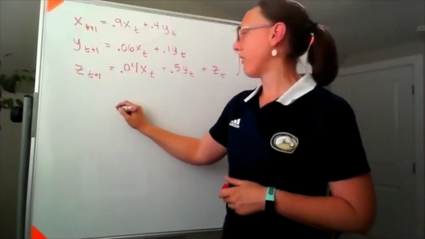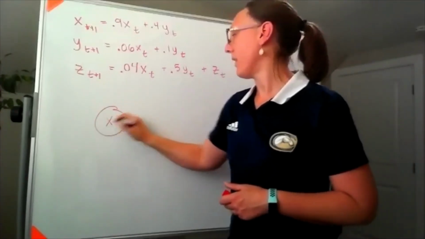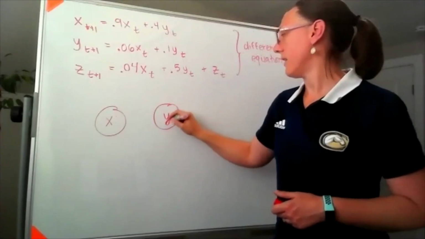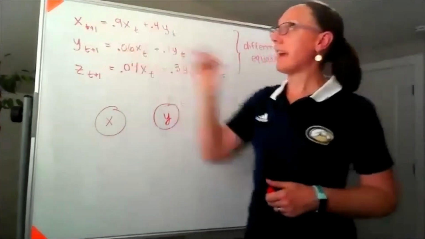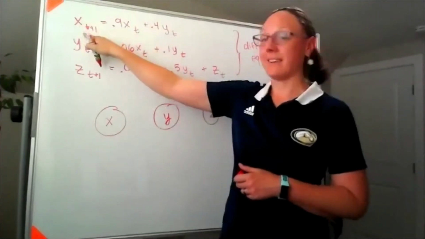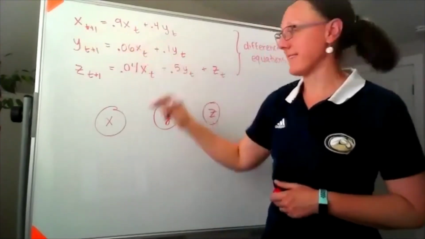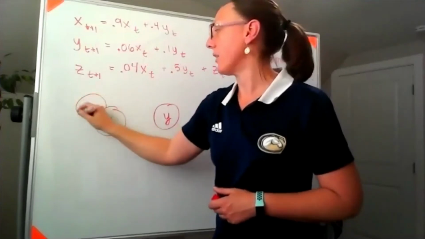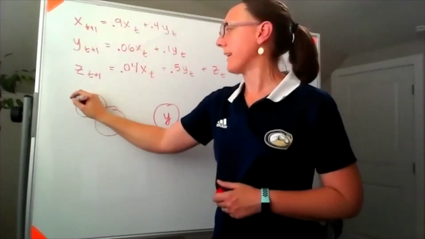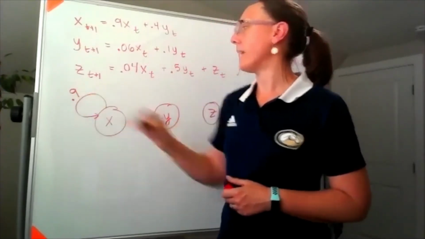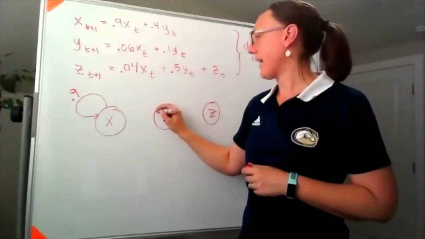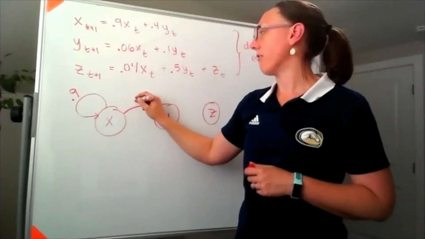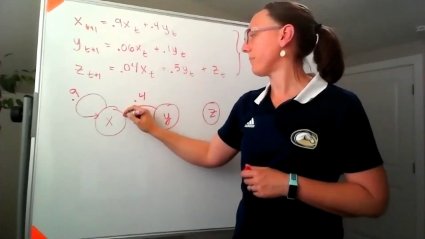So here I've got x's, y's, and z's. And if I look at the x's, I'm getting x's from my existing x, so that's going to look like a loop, from x back into x, and that's at a rate of 0.9. And we're also getting x's from y. So we're getting x's from y at a rate of 0.4.